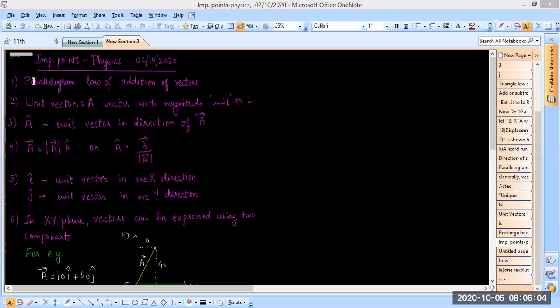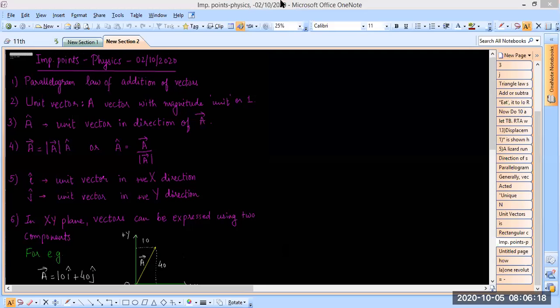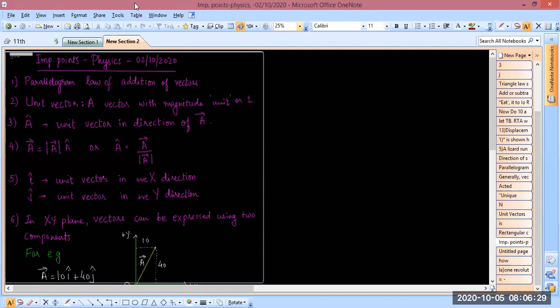Okay. So we learned the parallelogram law of addition of vectors, right? We learned that if there is a vector which has magnitude 1, we call it a unit vector. Okay, no scribbling on the board. Yeah, okay, thank you. Right. So if there is a vector with magnitude 1, then we call it unit vector, right? The symbol of unit vector is like this.